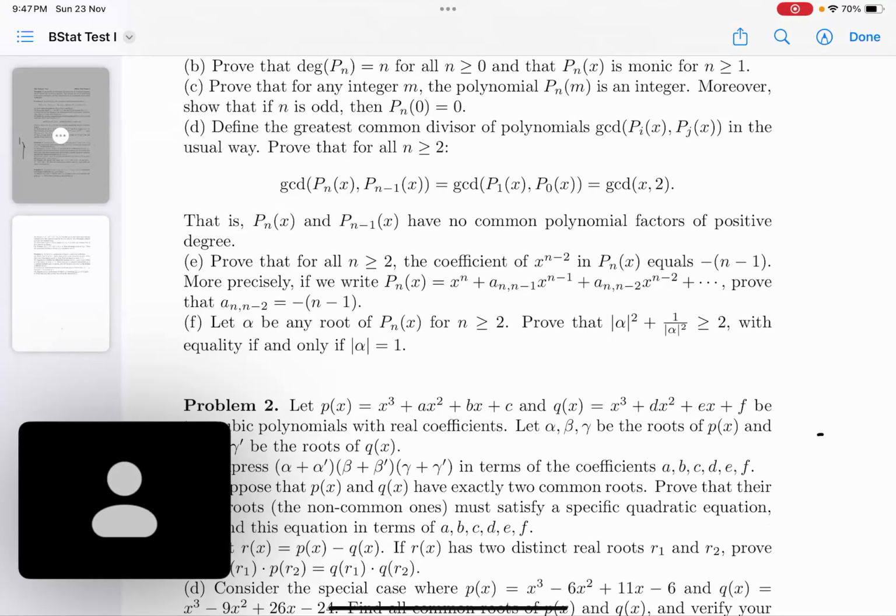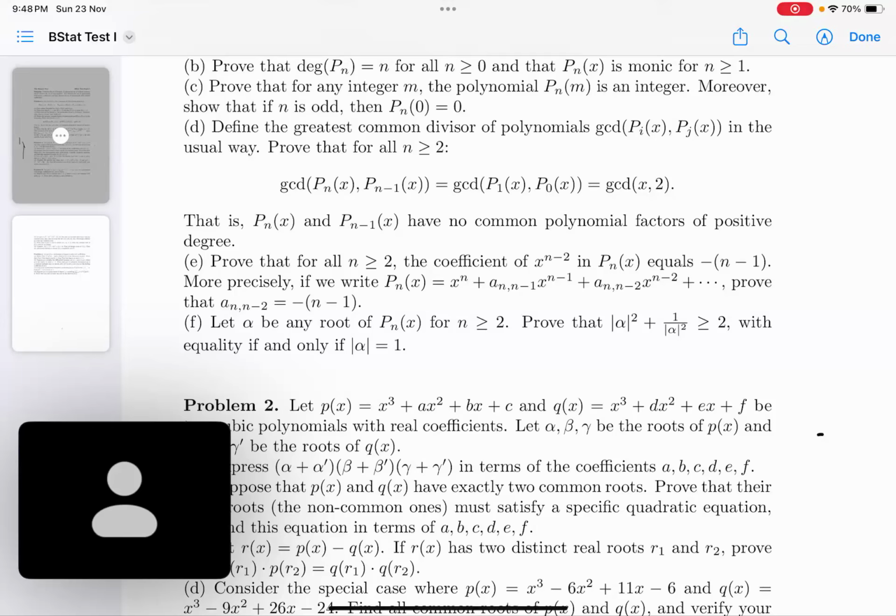For D, I did it with induction. And part F is only the arithmetic mean-geometric mean inequality. Correct. I will send you a solution to E.